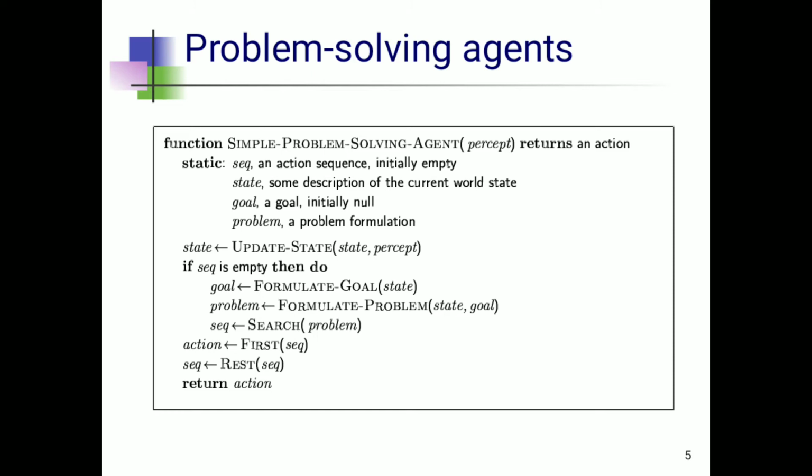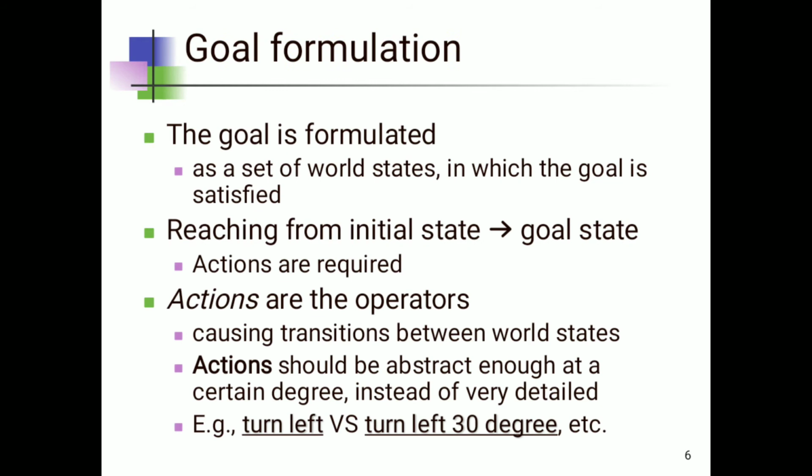Then the agent will formulate the problem based on the state and the given goal. Then the agent will search given the problem and the sequence is decided. Then the first action is taken, the rest of the sequence is followed, and in return we get the action. So this is the agent program for the problem solving agent.